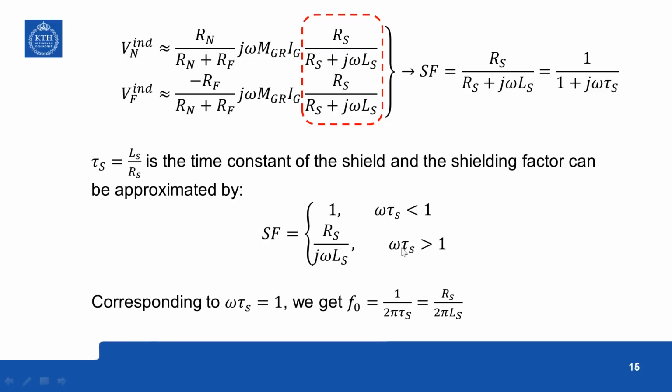So corresponding to omega tau_s equal to 1, we get a frequency which is called the cutoff frequency, 1 by 2 pi tau_s, which is equal to R_S by 2 pi L_S. So below this frequency there is no effect of the shield, and above that frequency you will have a shielding effect.